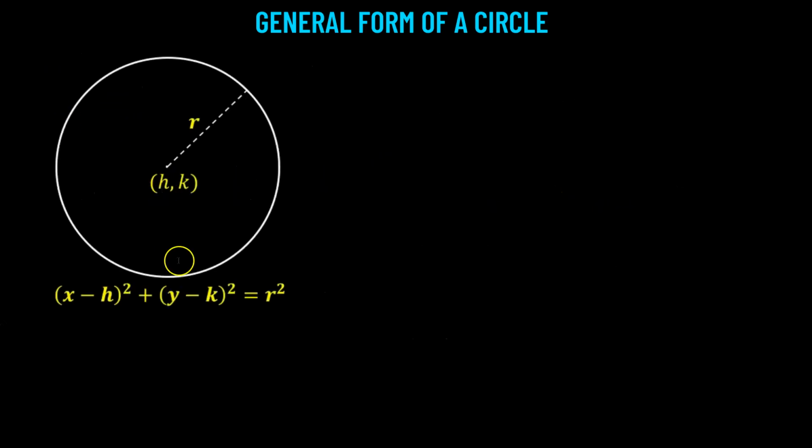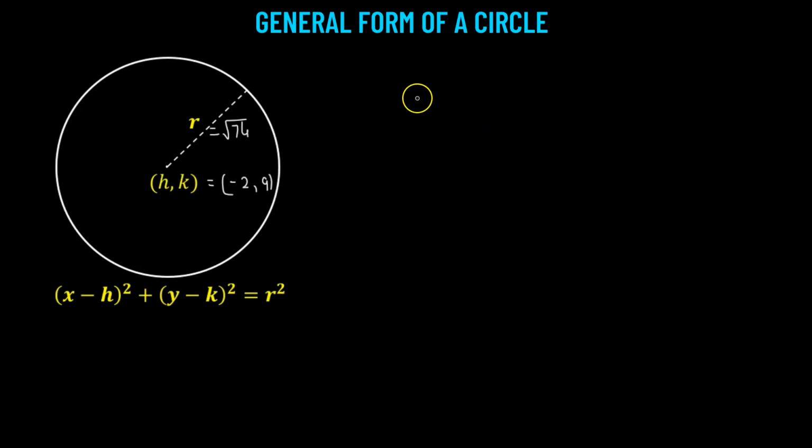So we have a circle whose center has the coordinates h comma k and the radius defined by r. Then the standard form of the circle is given by this equation, which is x minus h whole squared plus y minus k whole squared equals r squared. Now we have the value of our center. So we obtained the center as negative 2 comma 9, and the radius came out to be square root of 74.